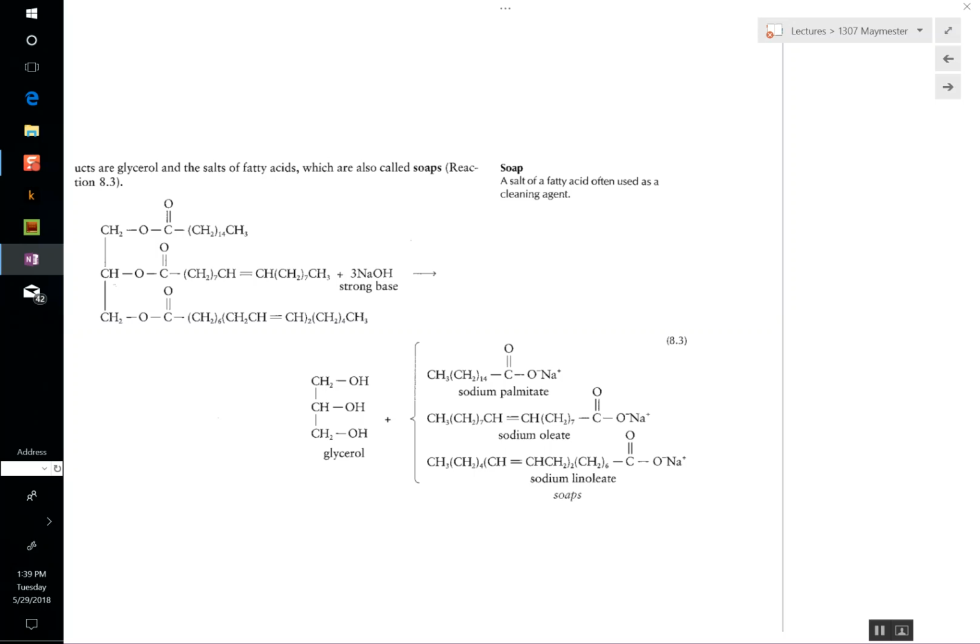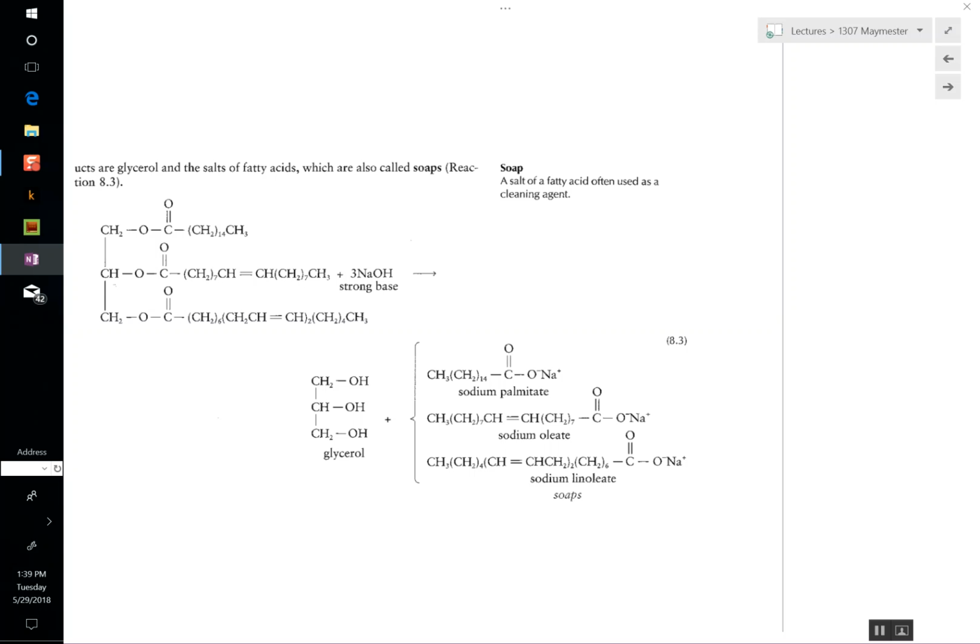That's saponification. And these are your soap molecules. So if you took this oil and wanted to make soap out of it, this is the reaction you would undergo, and those would be your soap molecules.